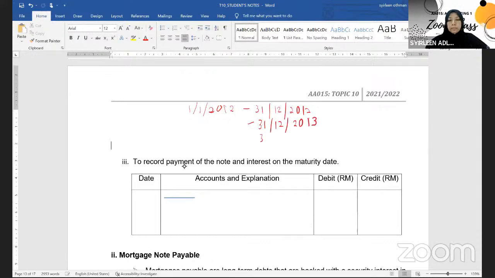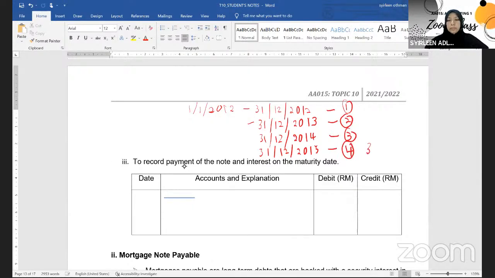31st of December 2014 is one more year. 31st of December 2015 is another year. Okay, so that means this is 1, this is 2, this is 3, and this is 4. So the final ones, sebab tenure you 5 tahun.